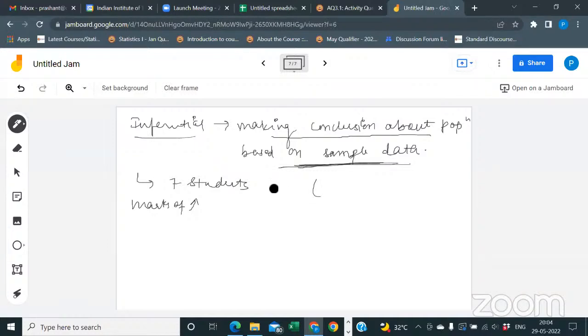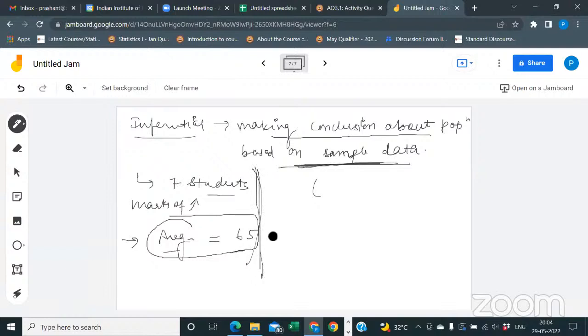You just took 7 random students and calculated their average marks, and got 65. Now if you conclude that the average marks of the whole class is 65, it becomes inferential, because on the basis of these 7 students you are making a conclusion for the whole class.